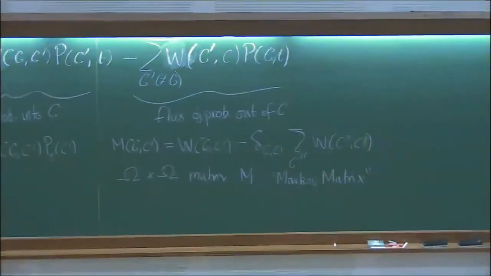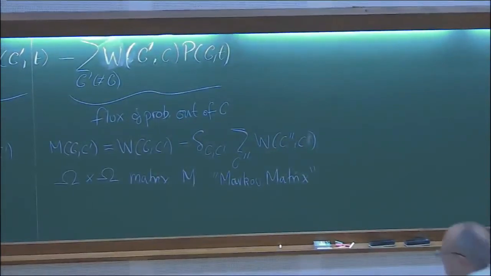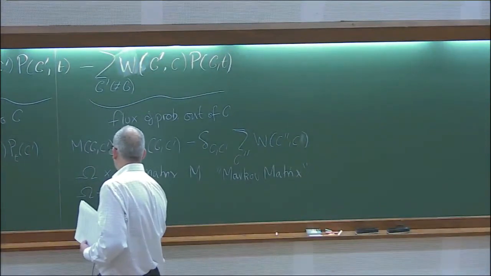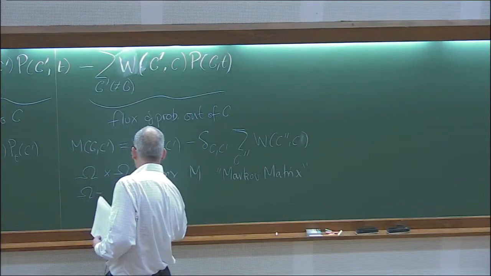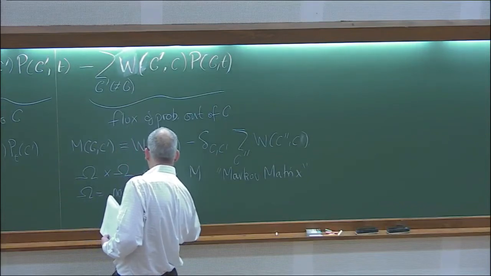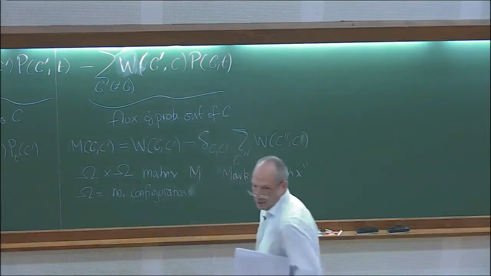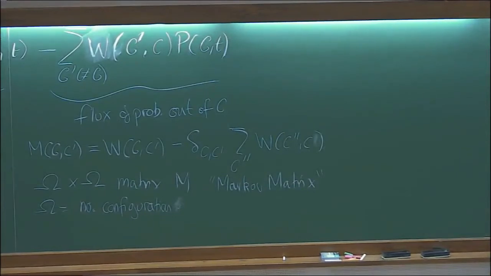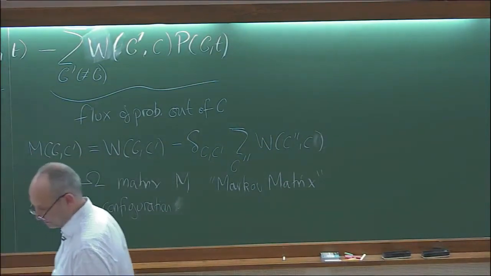But I think Markov matrix is more self-explanatory. And this omega is simply the number of configurations, so it's the size of the configuration space. Usually we have a large number of configurations, exponential in the system size, which is large. So this will actually be quite a large matrix.